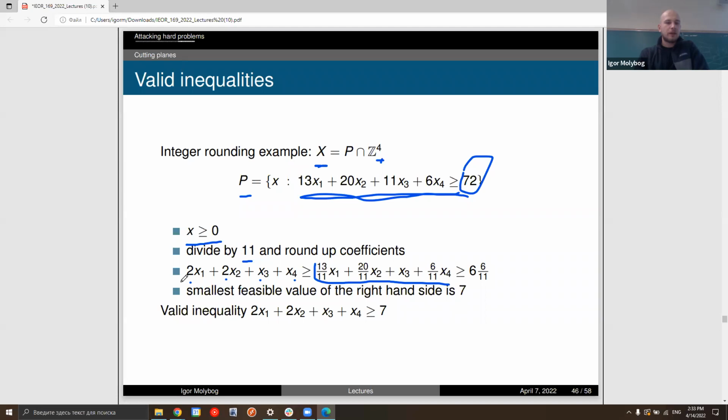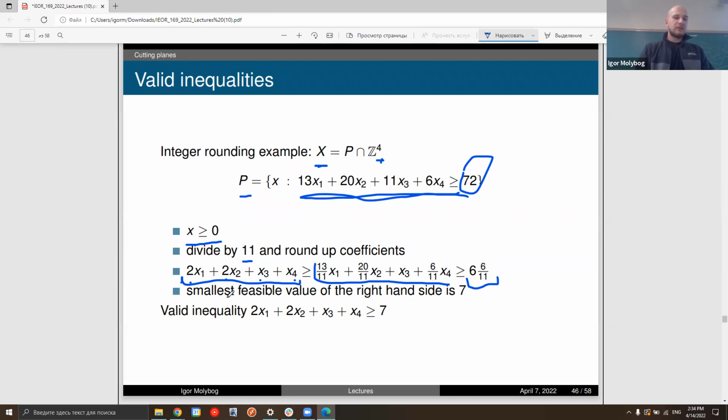This is a valid inequality just because we didn't do anything except rounding up the coefficients, which cannot decrease the value of the left hand side.